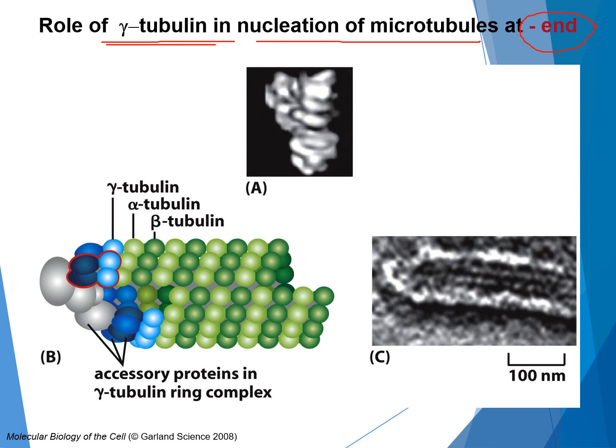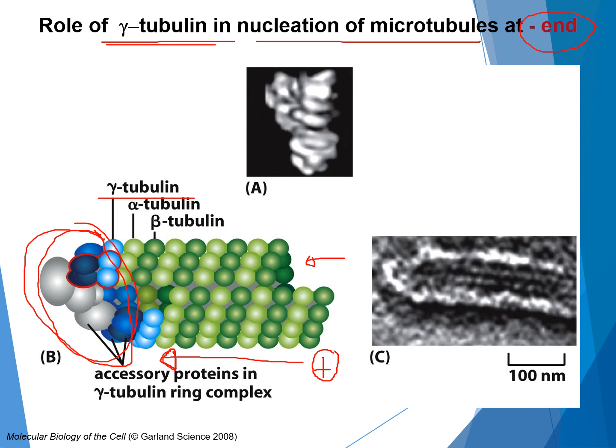So in the microtubule, the gamma tubulin will be the one at the negative end, because the addition of new tubulin dimers, alpha and beta tubulin, happens at the positive end. That means the length of this microtubule will come from this side, so the length will go over there.